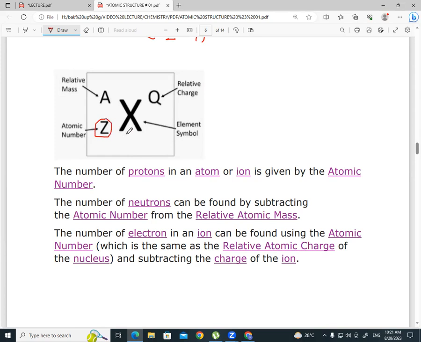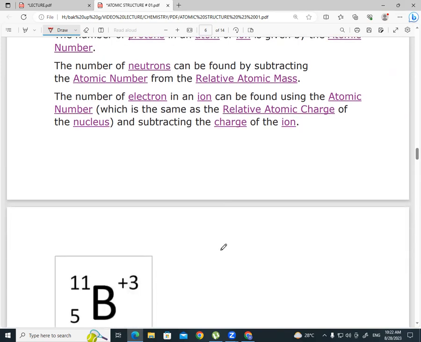This mass number is actually the combination of protons and neutrons. So the number of neutrons can be found by subtracting the atomic number from the mass number. And the third one, the number of electrons in an ion, can be found using the atomic number, which is the same as the relative nuclear charge, and subtracting the charge of the ion. How will we do that?